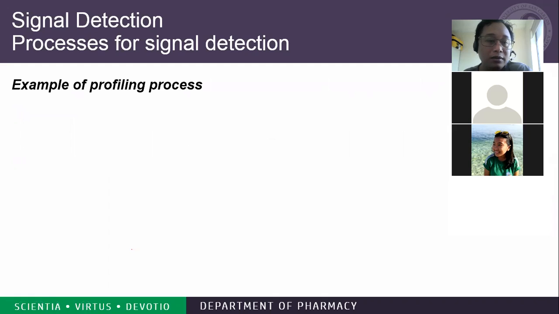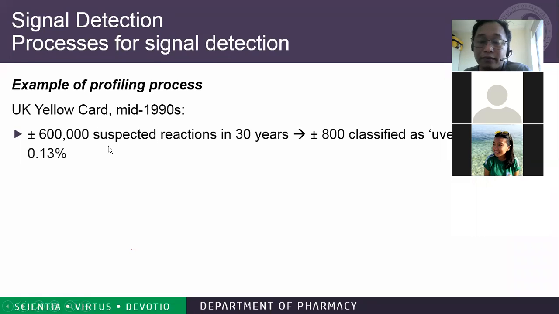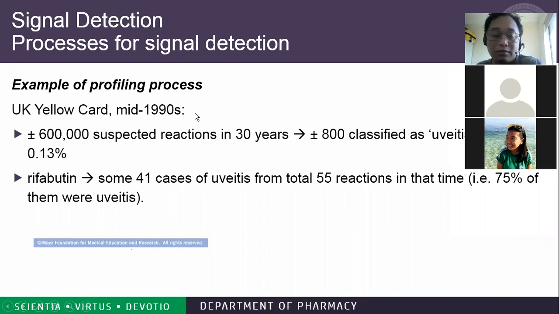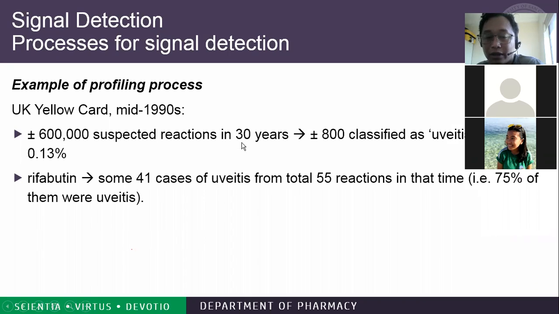One method to do the profiling is, for example, in the UK, using the Yellow Card. We have these numbers. There are more or less 600,000 suspected reactions in the last 30 years, from the 90s.